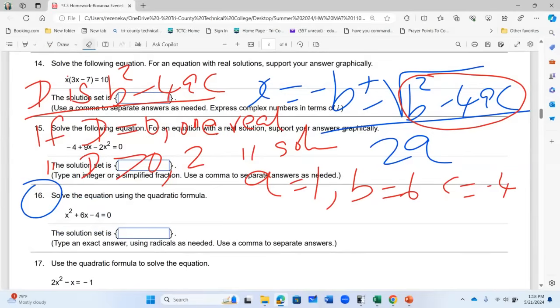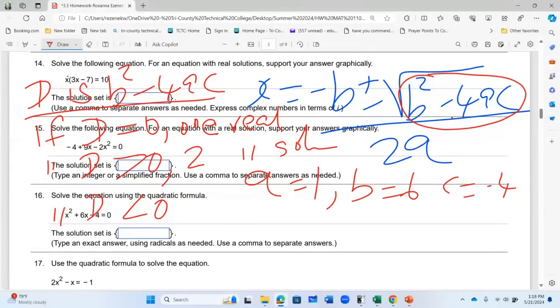All right, there are three cases. If D is less than 0, then you have imaginary solutions. In other words, remember that D is the discriminant, and it is the quantity inside the radical sign, the radicand.